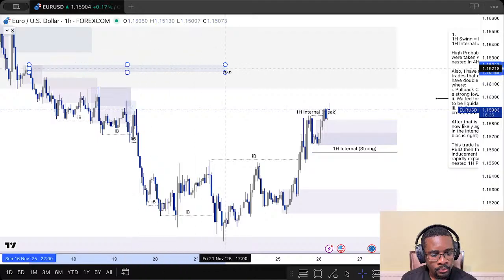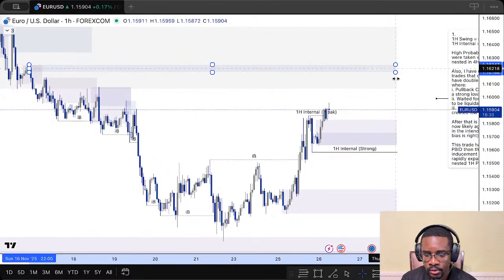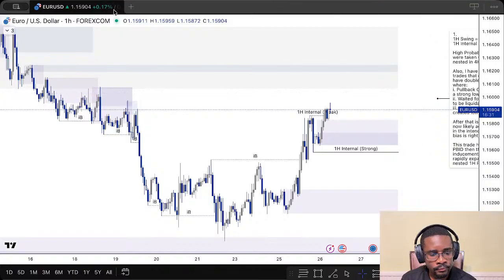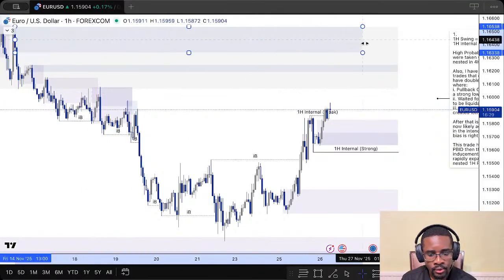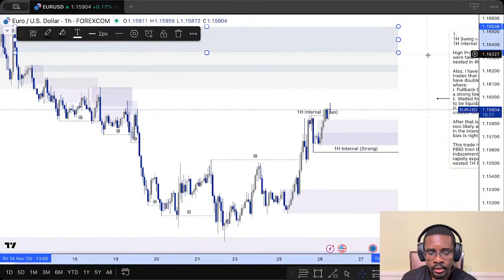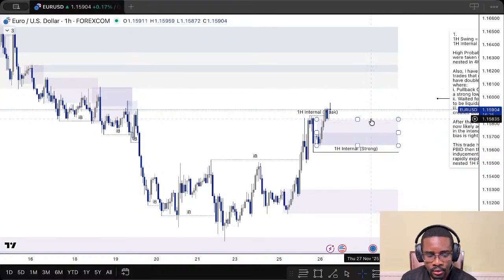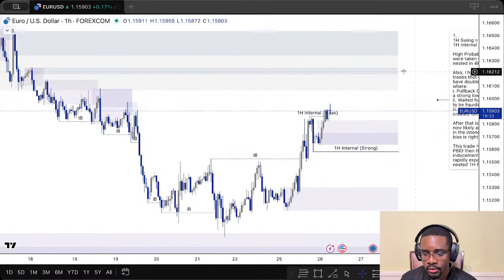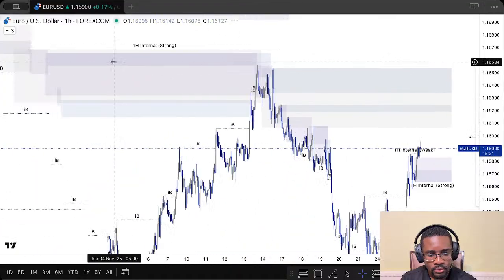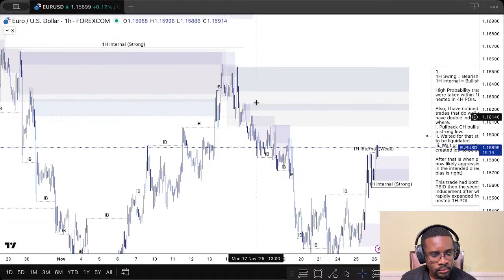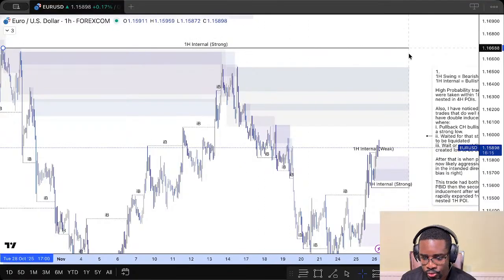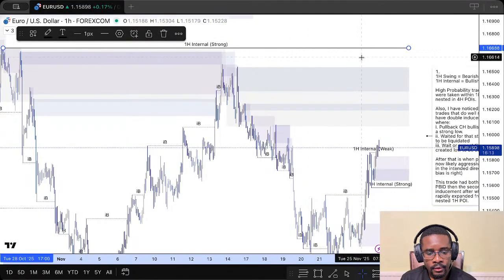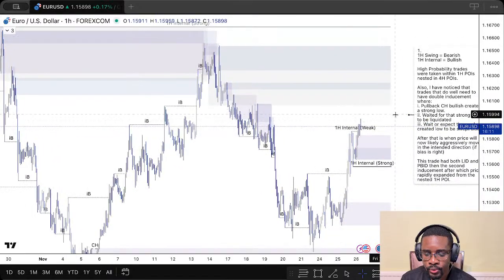The only unmitigated areas are that one, and then that one at the extreme of the daily supply. So these are the areas that we have, and on a swing range, that's where our strong swing high is.